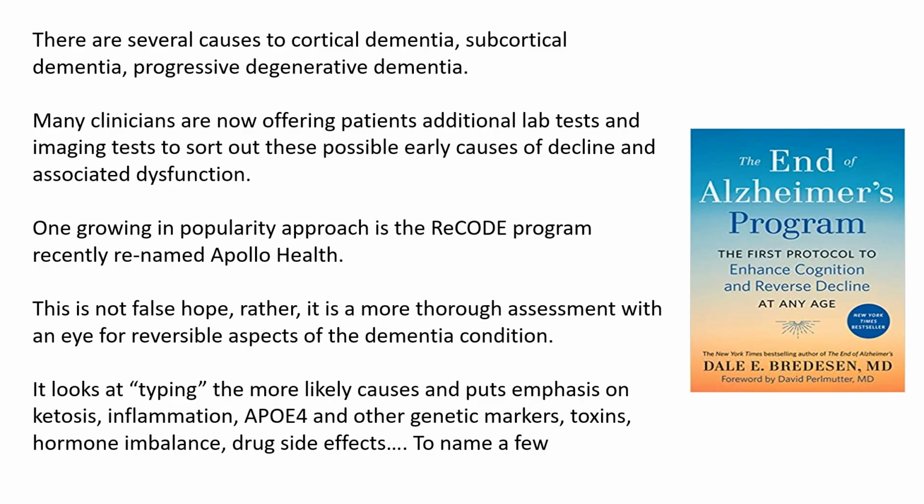So I happen to promote that approach, and there's others like it that are in development right now. But in principle, they're all the same: look under more rocks, look under a few more areas, just to look for red flags that could be contributing to the brain having some pathology that's presenting with abnormal symptoms.